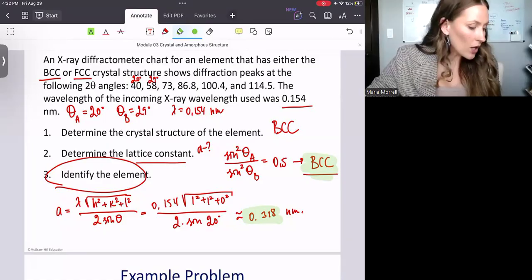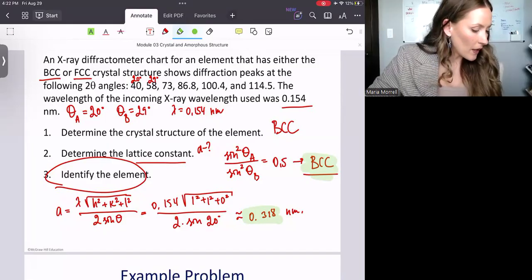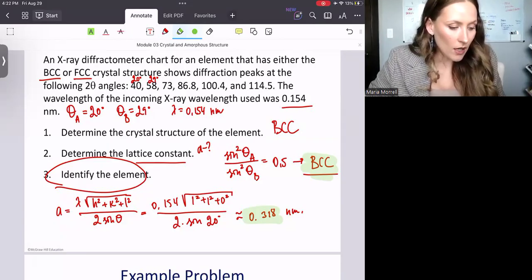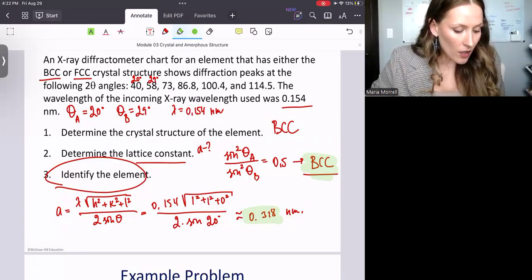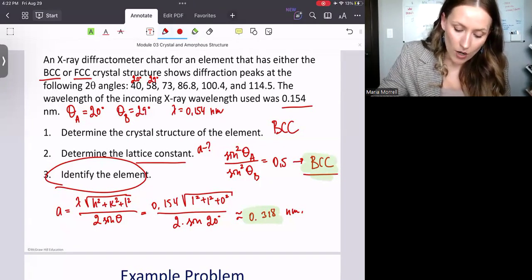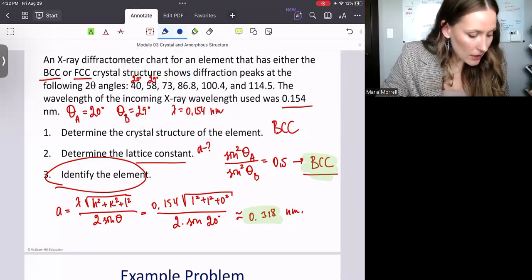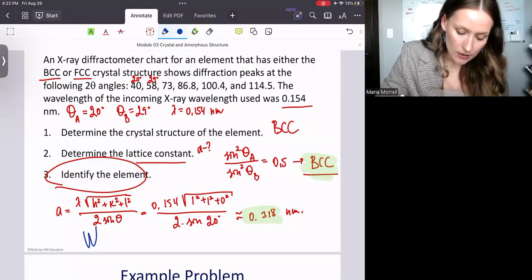But I'm going to go with A, going down the table and trying to identify. So far I am looking at 318. Okay, so the closest number is going to be tungsten. Perhaps I'm going to do it in blue. It's going to be tungsten.